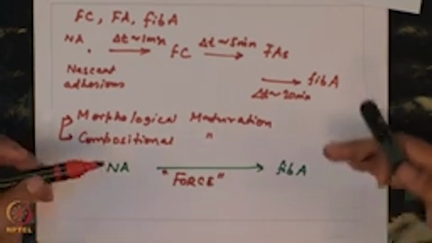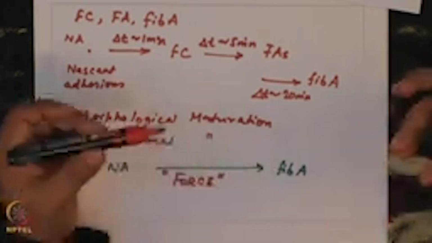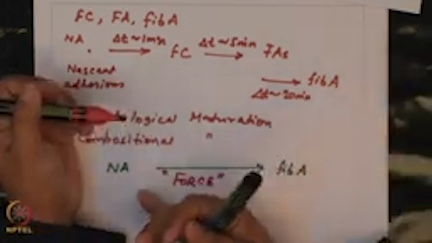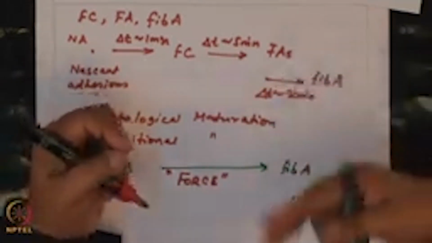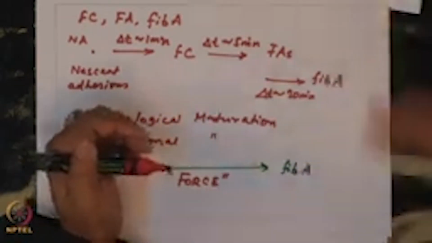So, it is not that they just assemble together, it is force which drives the conversion of small adhesions to bigger ones, suggesting that there might be some signaling associated with protein unfolding which leads to recruitment, leads to a positive cycle which recruits more adhesion proteins, and that is how you get maturation of these focal adhesions.